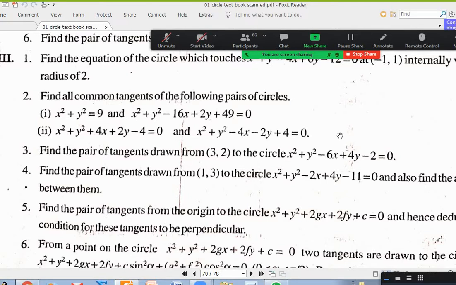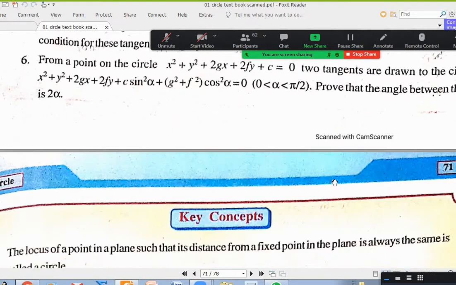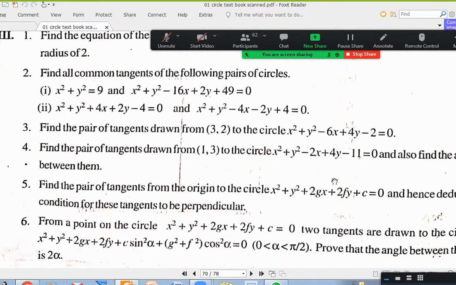If somebody has doubt, they should ask. Okay, total section 3.